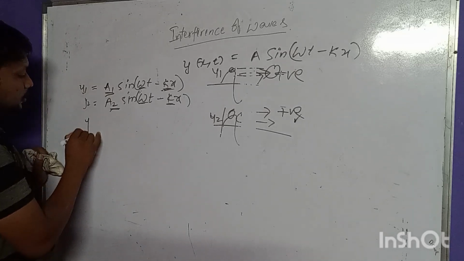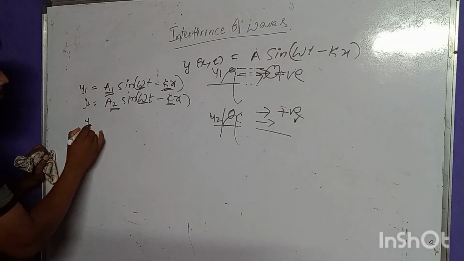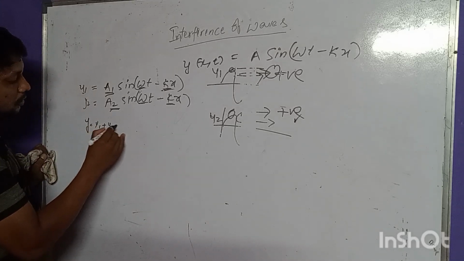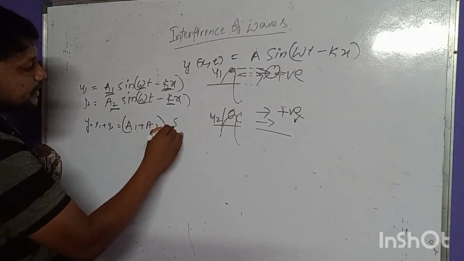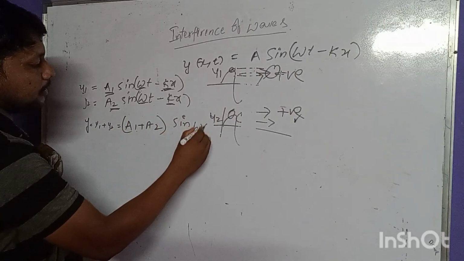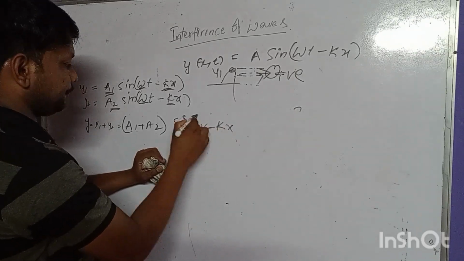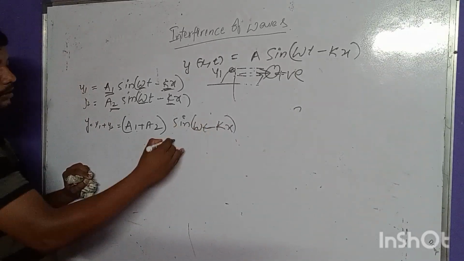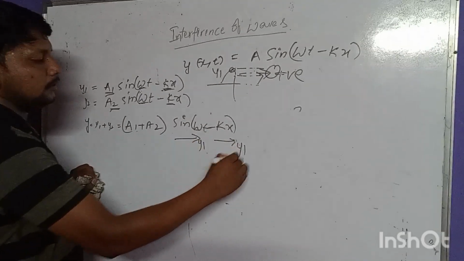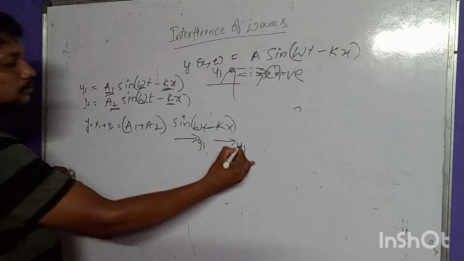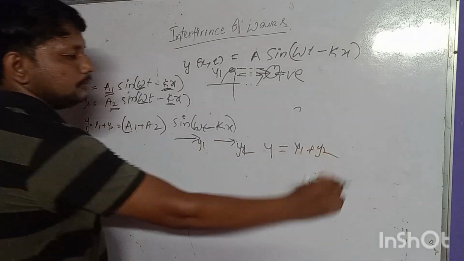So sum of y1 plus y2 is equal to (a1 plus a2) sin(omega t minus kx). Those two are in same phase. So y is equal to y1 plus y2, right?